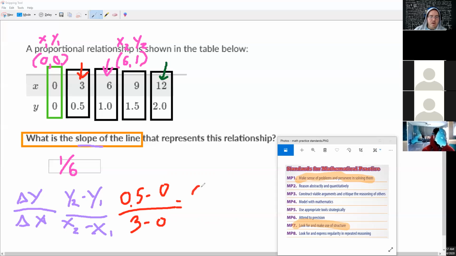Well, you end up with 0.5 over 3. Well, you could just multiply those both by 2, and that turns into 1 over 6. I'm pretty sure I've seen this one on Khan before, and they didn't like having a decimal in the numerator. So if you just double it to make it into a whole number, it's fine.